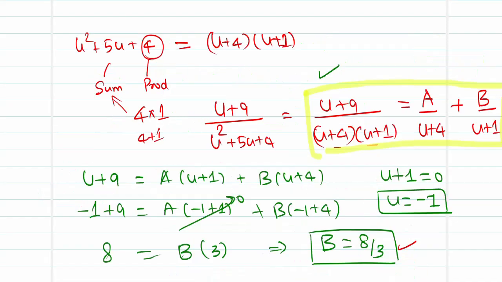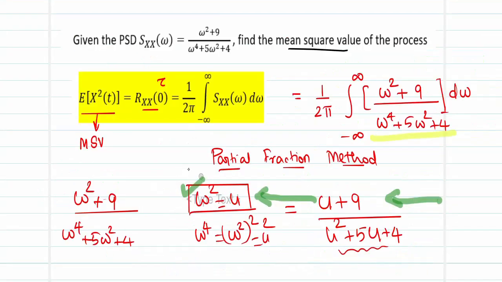Now let us go one step further. We are in this stage, and from here I need to move to the next stage. What is the next stage? This is the input to the integration. I will put my partial fraction into the integration so that I get the mean square value, the expected value of x square of t.